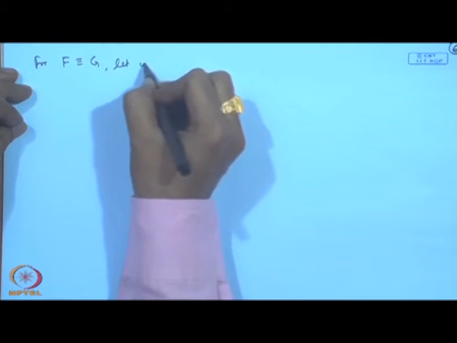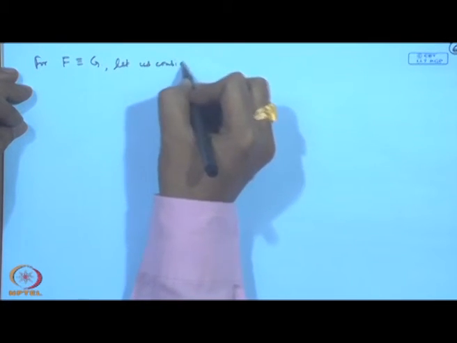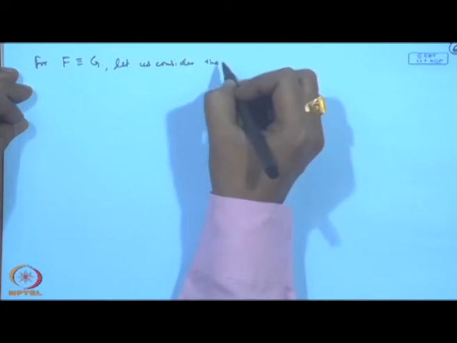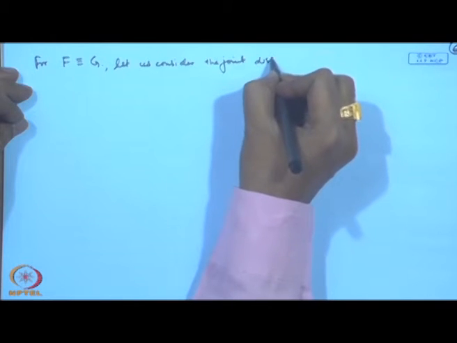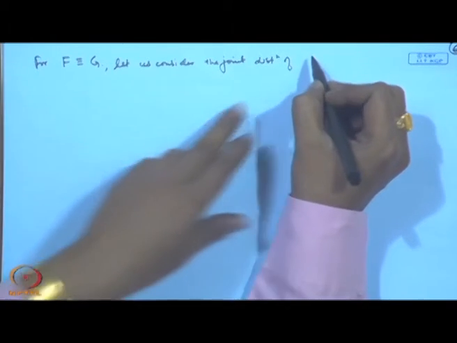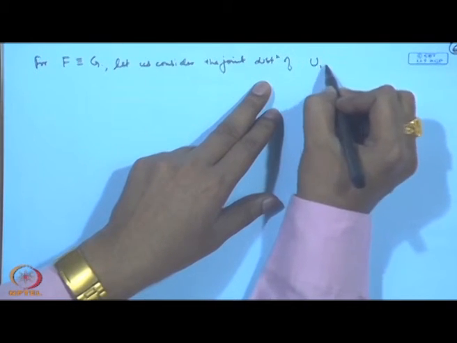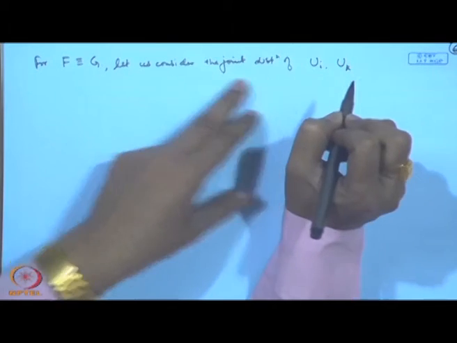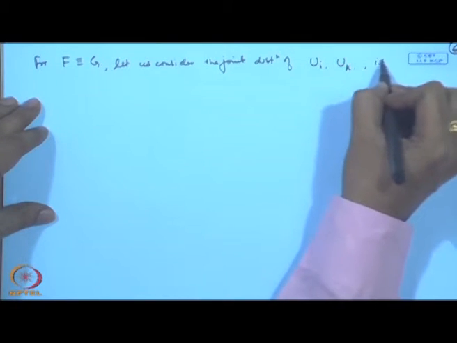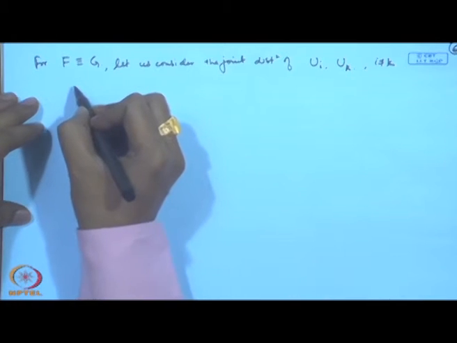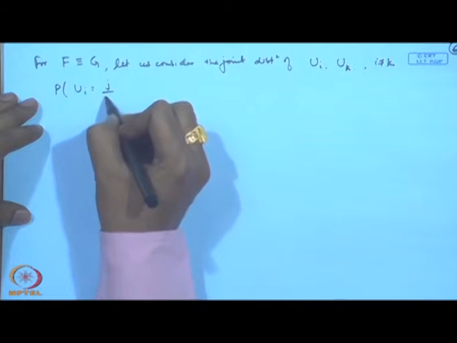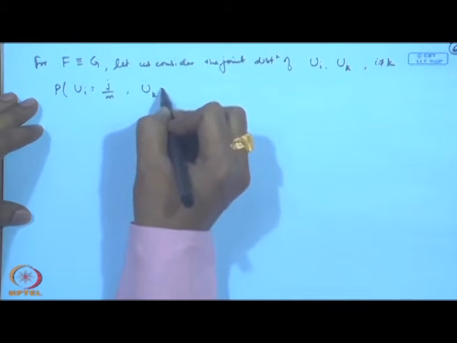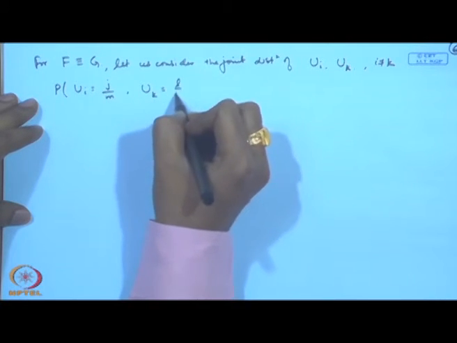Let us consider now the joint distribution of two of them, say u i, u k. Of course, you are taking i not equal to k. So, what is the probability of u i equal to j by m and u k equal to L by m?